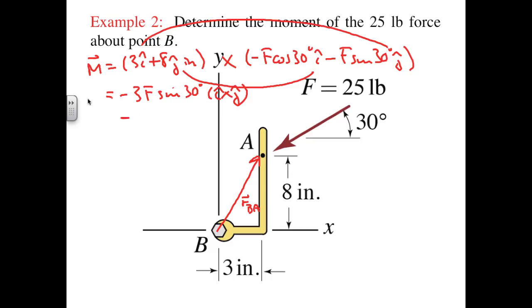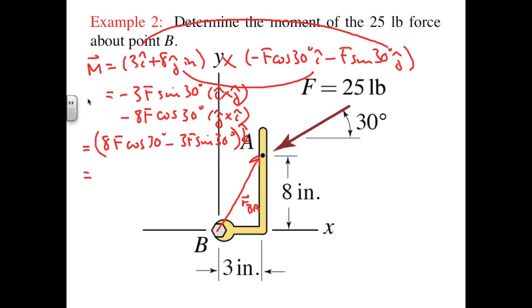and minus 8F cosine 30 J cross I. Using the fact that I cross J is plus K and J cross I is minus K, we end up with 8F cosine 30 minus 3F sine 30 in K. And once again, using F equals 25 pounds, this gives us 135.7 inch-pounds.